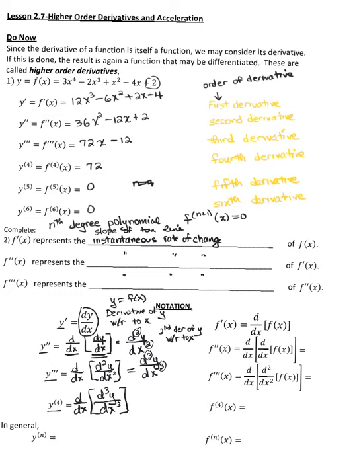And you guessed it, we could denote this as d superscript 4 y over dx superscript 4. So the nth derivative of y can be represented as d superscript n y over dx superscript n.